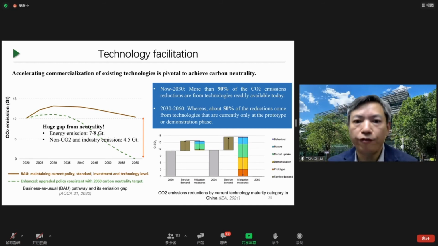Therefore, we have to facilitate the innovation and implementation of technology to fill the huge gap for the future.